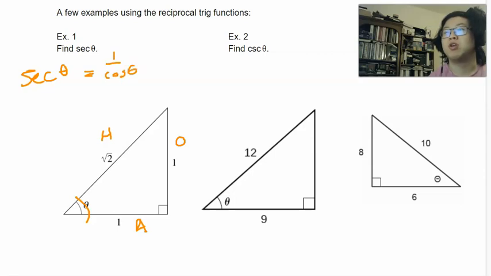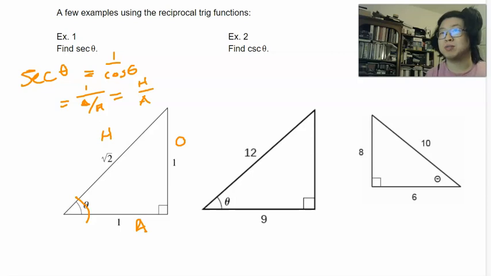Well, what is cosine from our ratio? This is the same as 1 over adjacent over hypotenuse. Well, that's like a complex fraction. We can't have that. So let's just flip it back over. This is now hypotenuse over adjacent. Now this might take some getting used to. Some of you can definitely jump from secant to, okay, it's just flipping over the cosine. There it is.